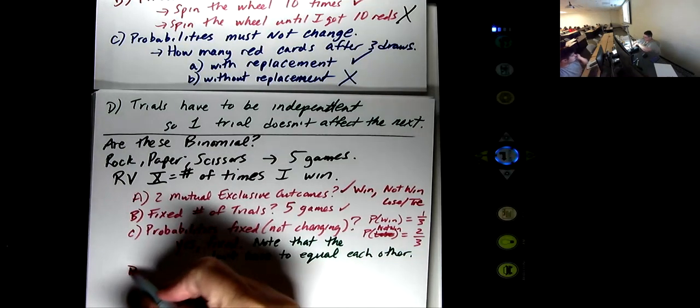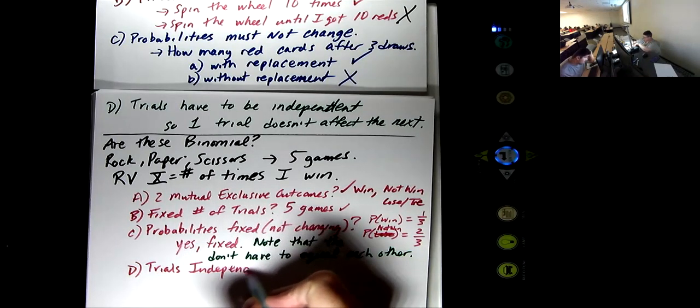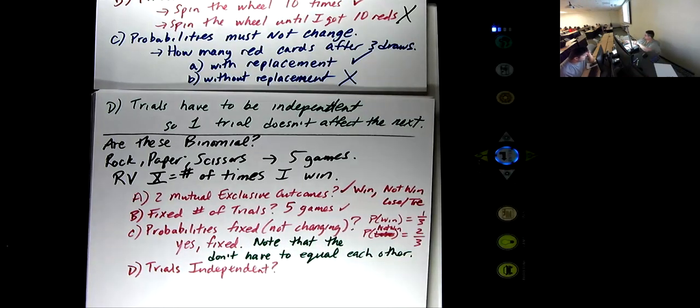And D, are the trials independent? This is a tricky one, because when a lot of people play rock, paper, scissors, if you lose, a lot of people change their strategy up to beat whatever they lost to, which is foolish because anybody competing against them knows that's a common strategy.